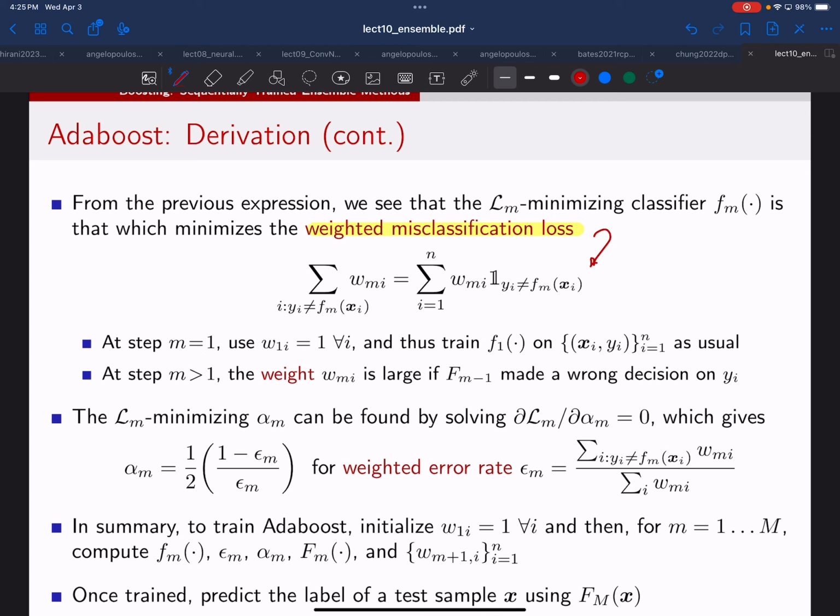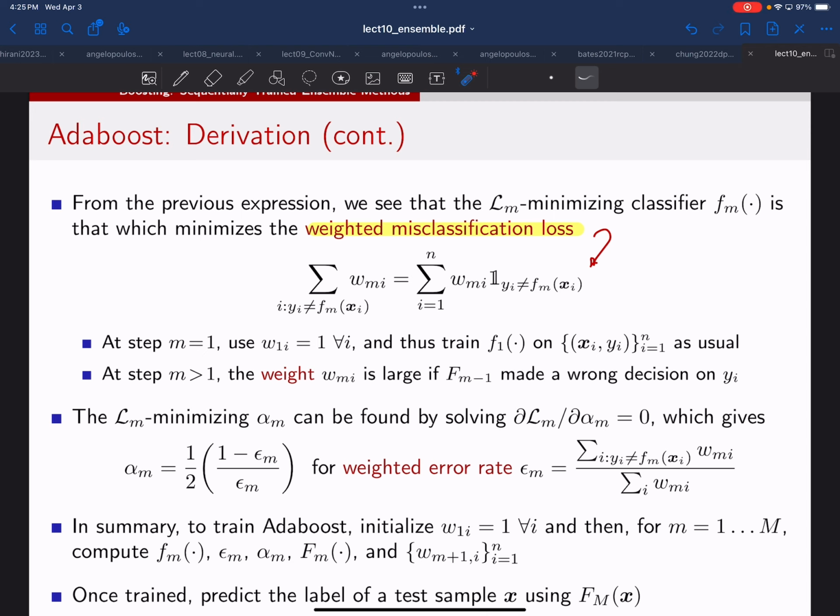Okay, so what happens when we design the very first predictor, we'll just set all the weights to 1. And then basically, at that point, you're just saying, I want to train my first predictor to minimize my error rate. It's a pretty natural thing to do for the first stage. However, the next stage, it's not going to be just minimizing the error rate.